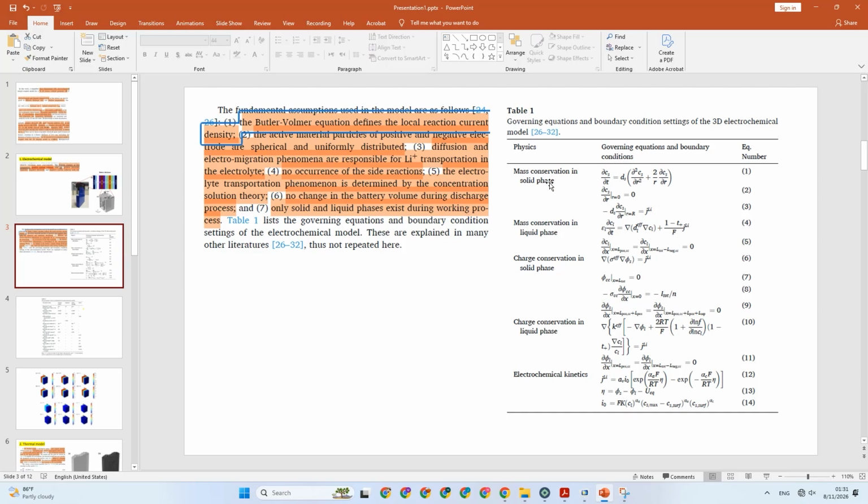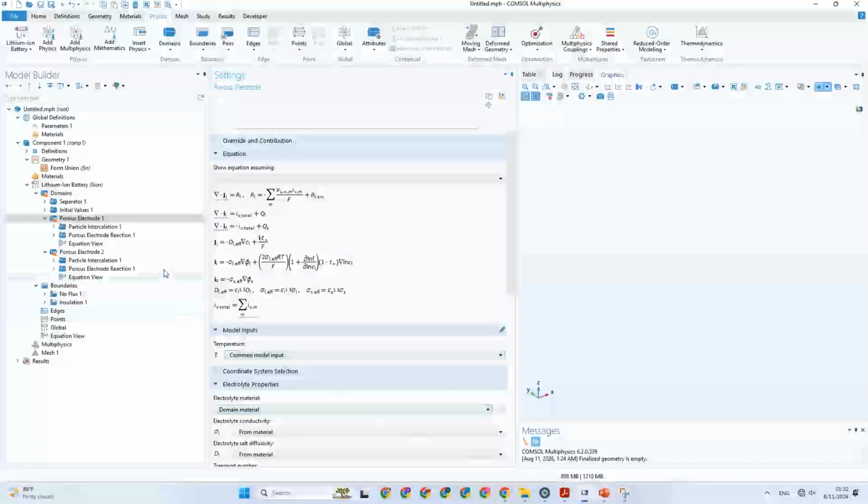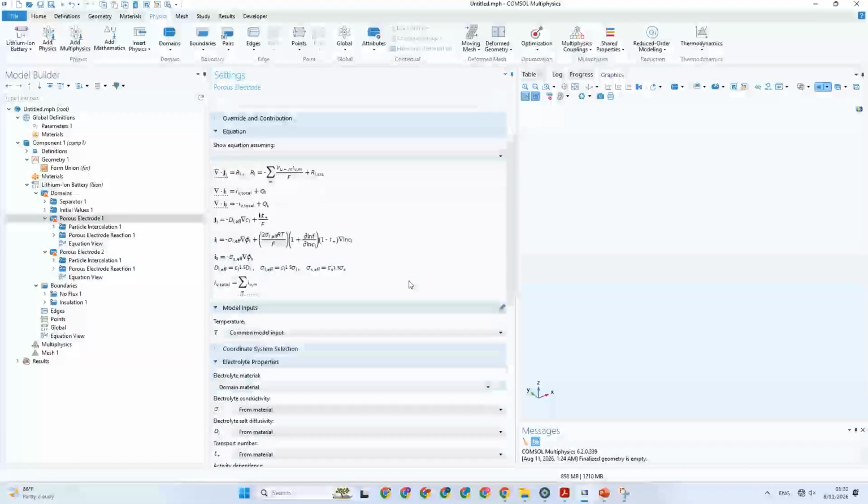Yes, we have a porous electrode. Let's check, we have a porous electrode, and we want to write mass conservation for solids.